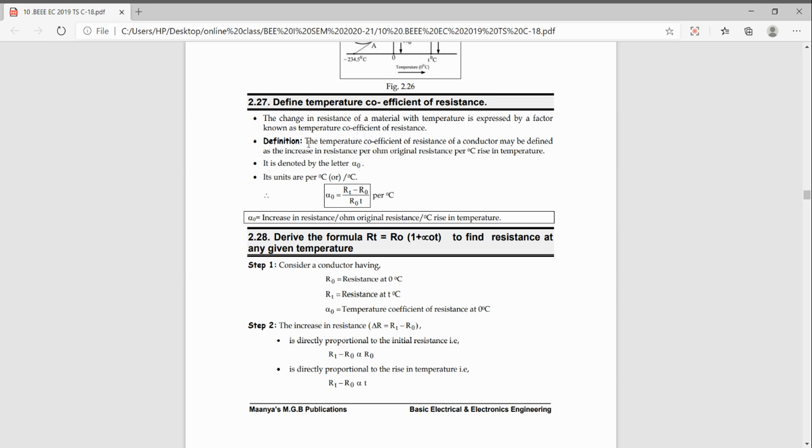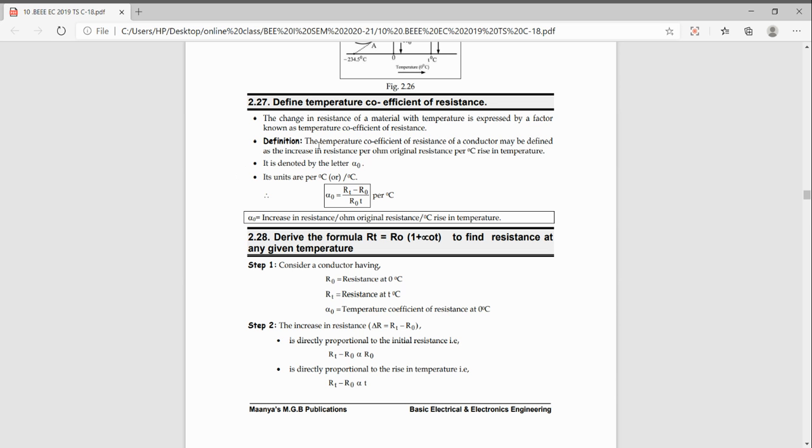The temperature coefficient of resistance of a conductor may be defined as the increase in resistance per ohm of original resistance per degree centigrade rise in temperature, or the change in resistance of the material with the temperature is expressed by the factor known as temperature coefficient of resistance.